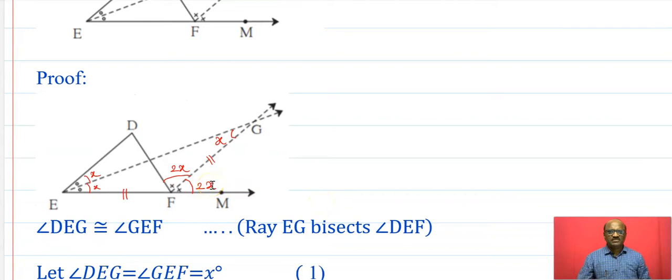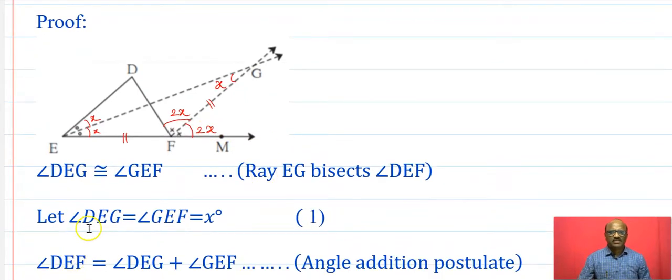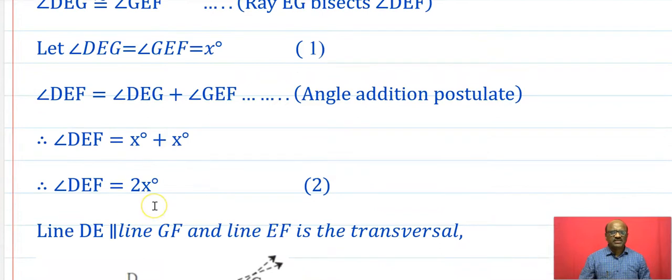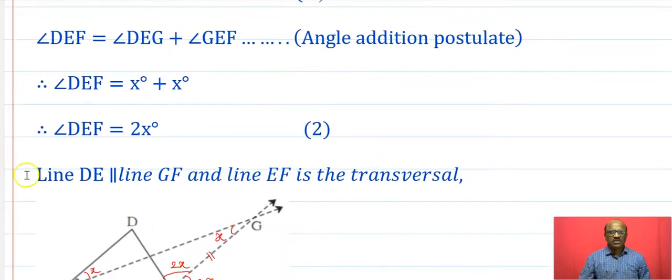Now see this here. The measure of angle DEG is equal to the measure of angle GEF, is equal to x degrees. And the next, the measure of angle DEF is equal to DEG plus GEF, is equal to x degrees plus x degrees, that is 2x degrees. What about the next?